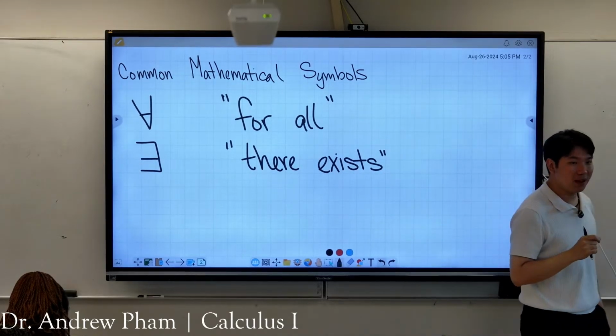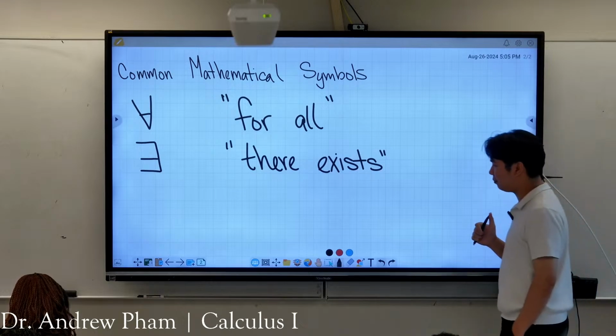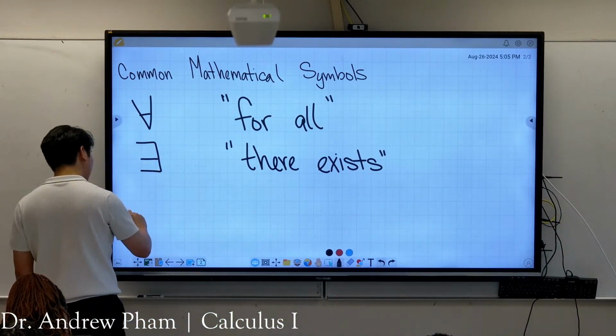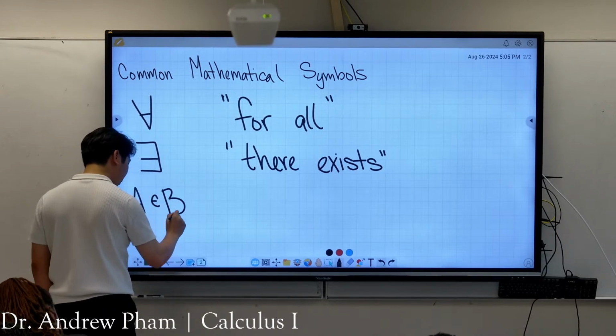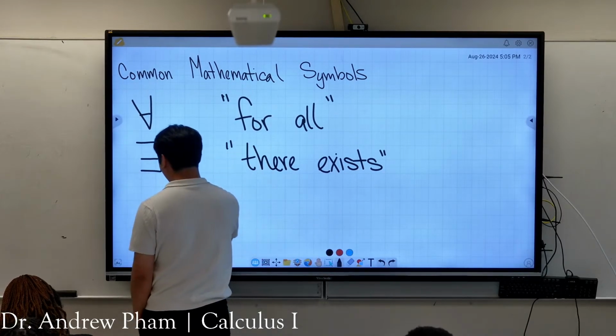So if you ever see this upside down A, it means for all. Backwards E, it means there exists. Let me write this notation. Oops, let me rewrite that. Not A, but little a.